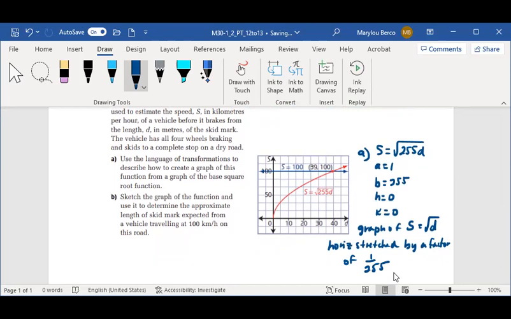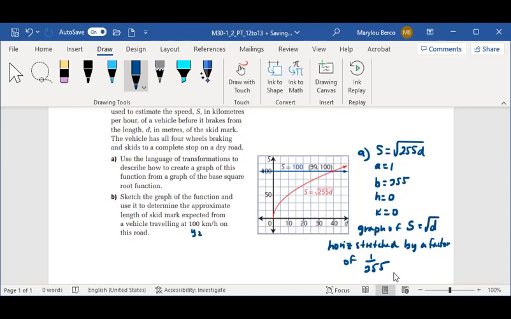Sketch the graph of the function and use it to determine the approximate length of the skid mark expected from a vehicle traveling on this road at 100 kilometers per hour. Well, okay, if we take a look, in y1 we put the equation. In y2 we put 100 kilometers.